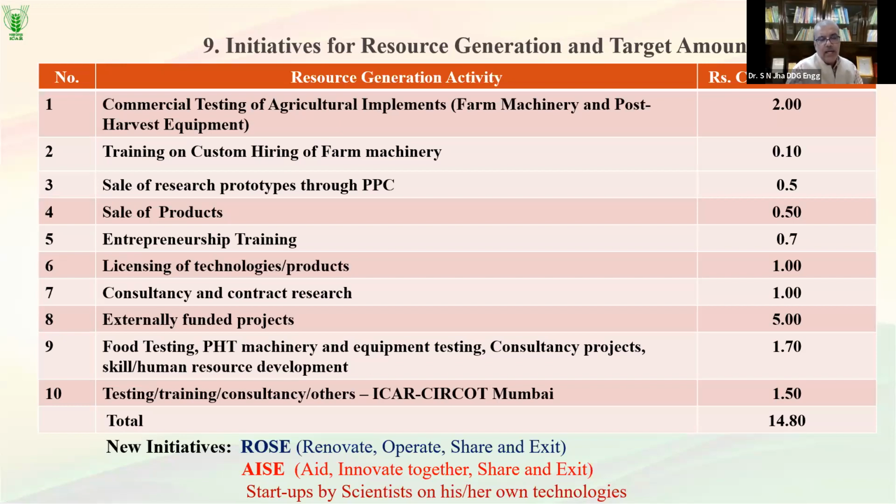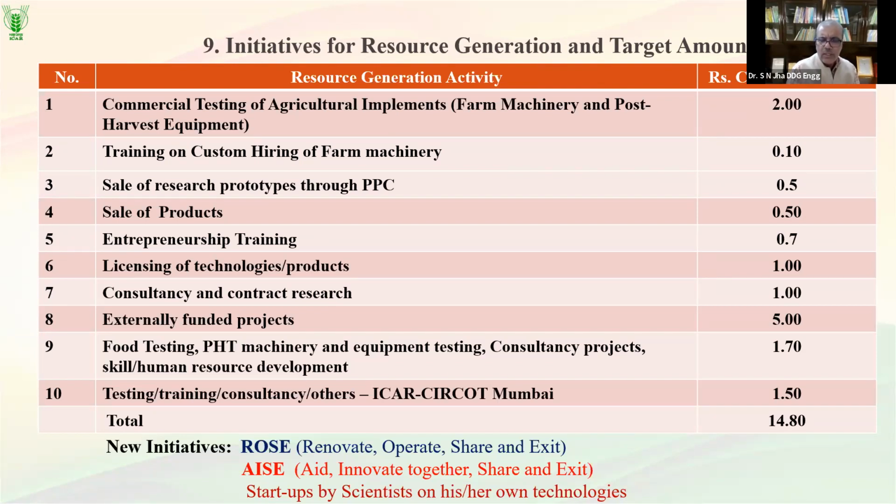And I have also already put up a file to the PI, it is in ICAR, our council, on startups by scientists on their own technology. You see, sir, what actually happens, we always ask our scientists how many licenses. If they say 10, then we ask how many have been sold. If they say 100, then we ask how many people are users, what is the economic benefit? Means anyhow, the scientist has to be behind their technology, even after licensing.